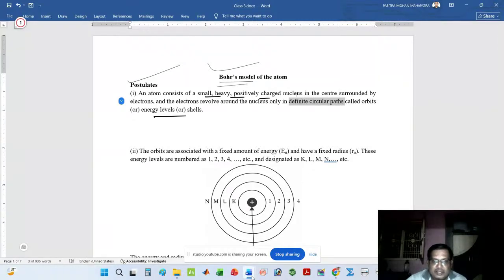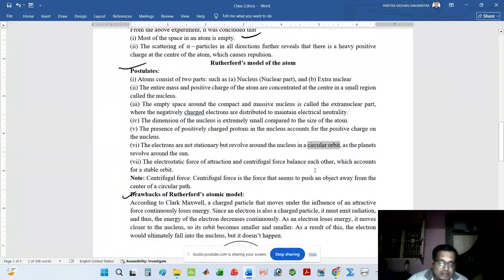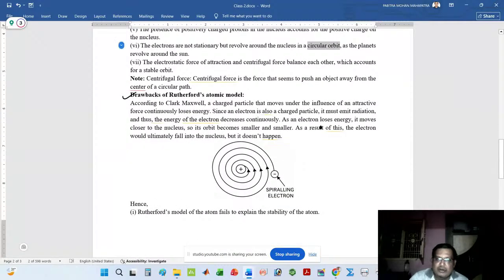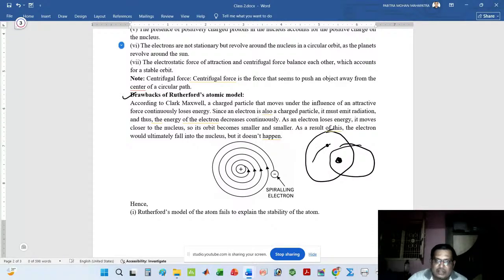If you think about the Rutherford atomic model, you can draw any type of circular orbit around the proton. Suppose this is a proton, you can draw the circular orbit like this, or like this. It is your choice.